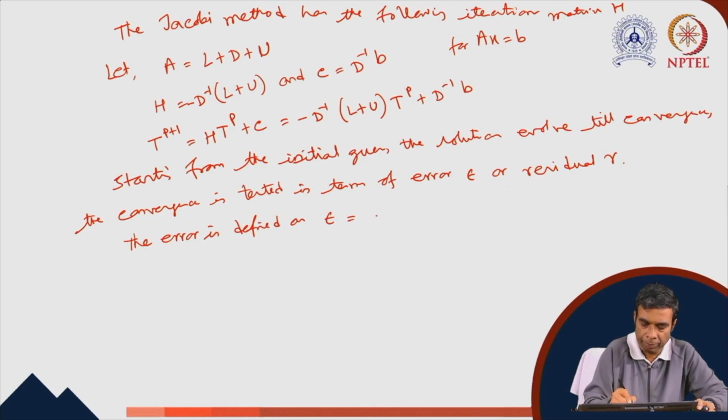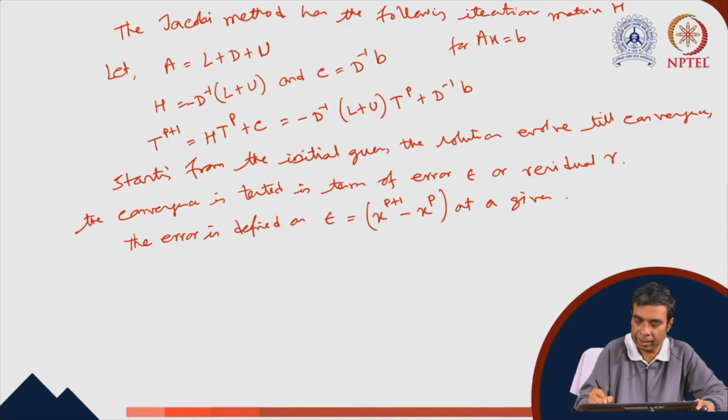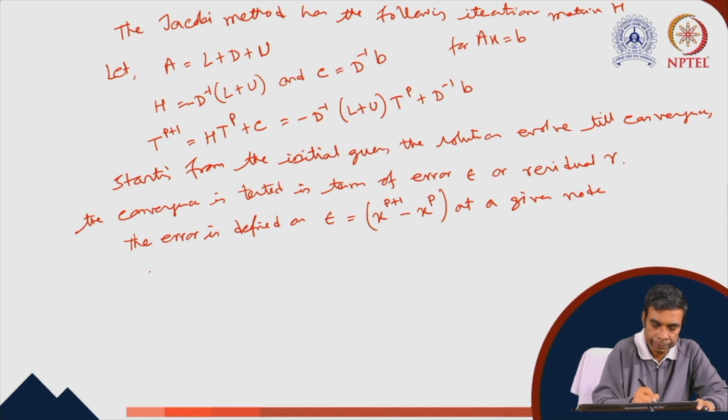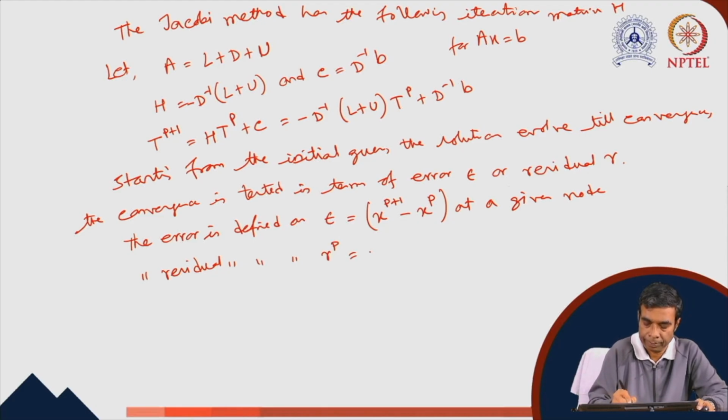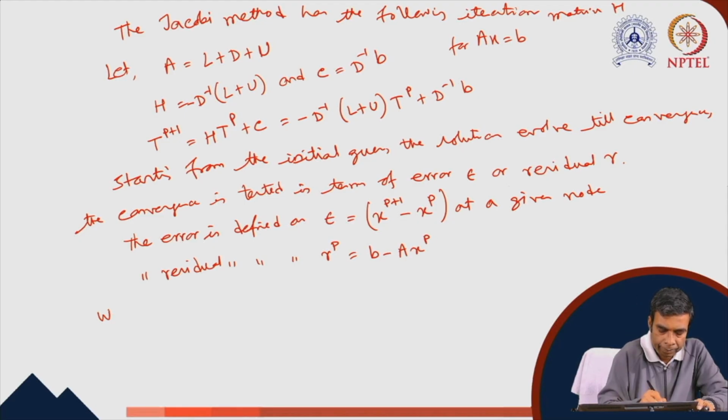It means that if x is the degree of freedom, then x at p plus 1 minus x at p at a given location gives us the error at that location or the node. The residual is defined as R at p equals b minus A x at p.